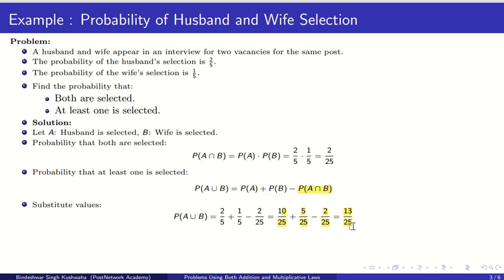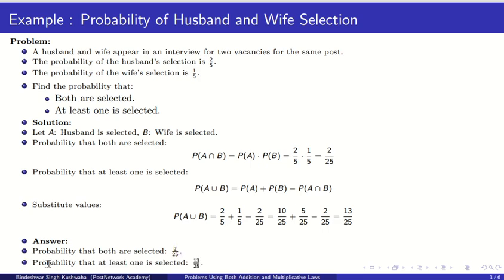So at least one is selected would be equal to 13 upon 25. Now the answer would be: probability that both are selected is 2 upon 25, and probability that at least one is selected is 13 upon 25.